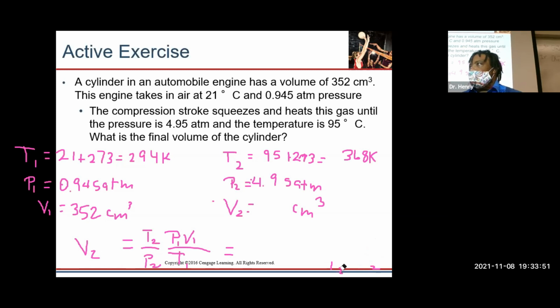Okay, and then I'm just going to put everything in. My T2 is 368 Kelvin times my P1, which is 0.945 ATM.